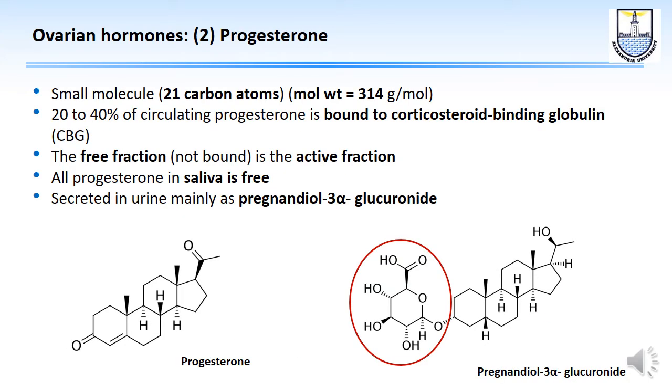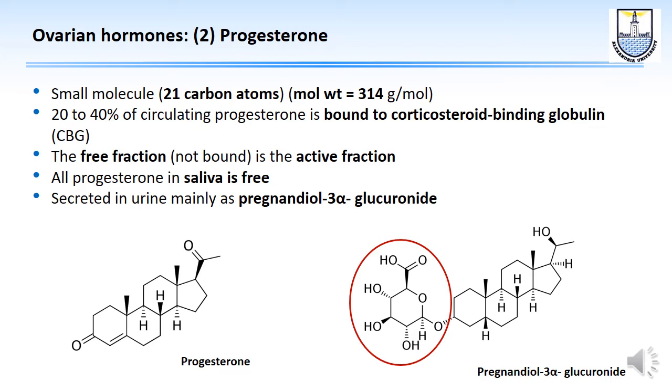The other hormone, of course, is progesterone. And we remember that progesterone is 21 carbon atoms. When it's an O, it means that you have a double bond O. And again, as you can see, the chemical structure is below at the bottom of the slide. But on the right bottom side, you also see the progesterone attached to a molecule of glucuronide.